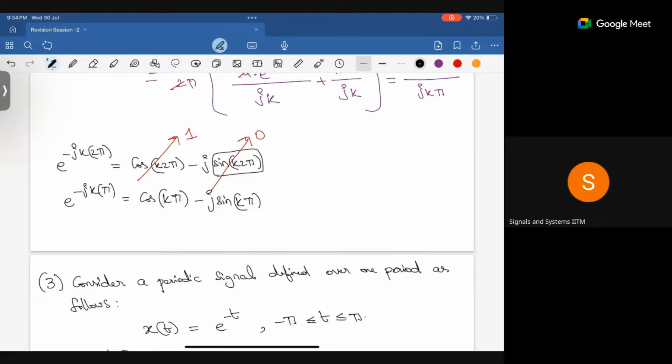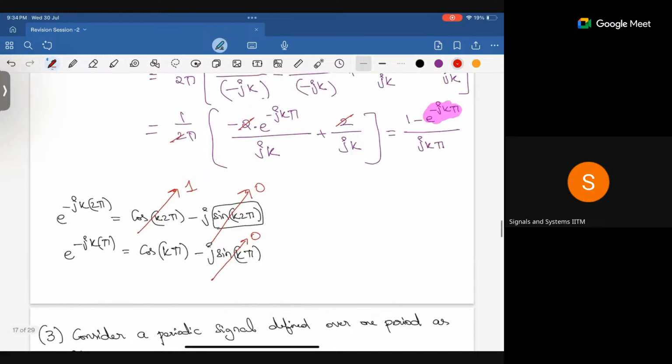I don't know why you guys are getting confused. But yeah, anyway, sin k pi is also 0. And cos k pi will oscillate between plus and minus. Right? So when k is even, it will be plus 1. When k is odd, it will be minus 1. Therefore, this will be 1 minus cos k pi divided by jk pi.